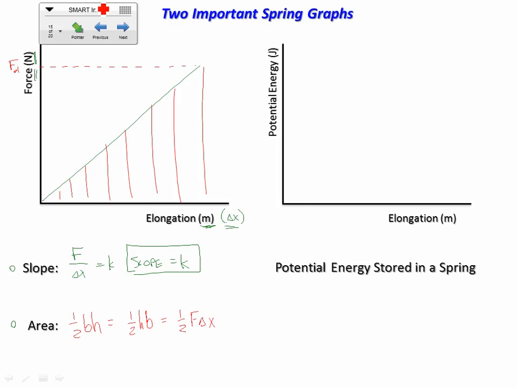This part right here is the average force, right? The more you stretch the spring, the more force the spring applies. But the force ranges from 0 up to this value. 1/2 of this value is the average force.